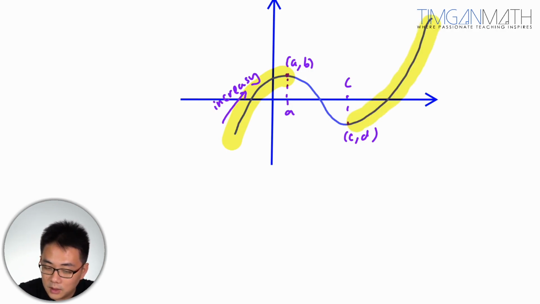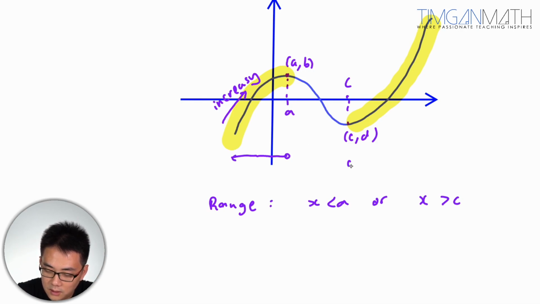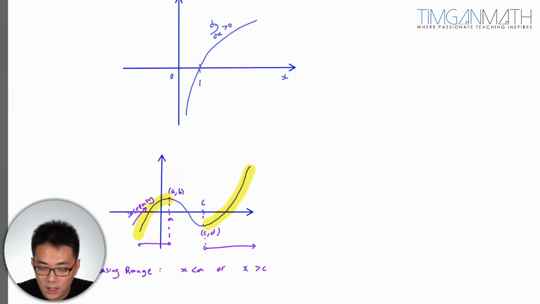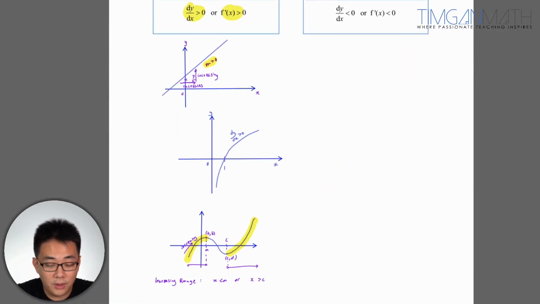So the increasing range is when x is less than a or x is bigger than c, like here up to a, and here c to infinity. These are the increasing ranges.